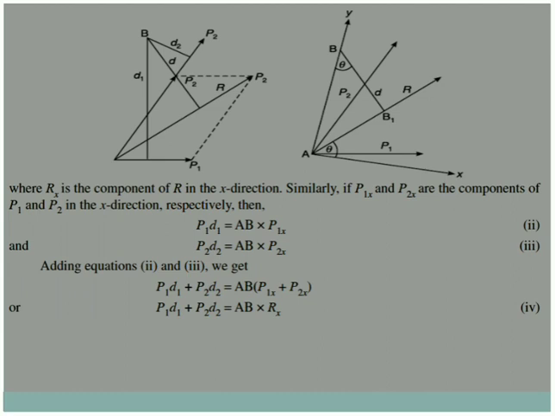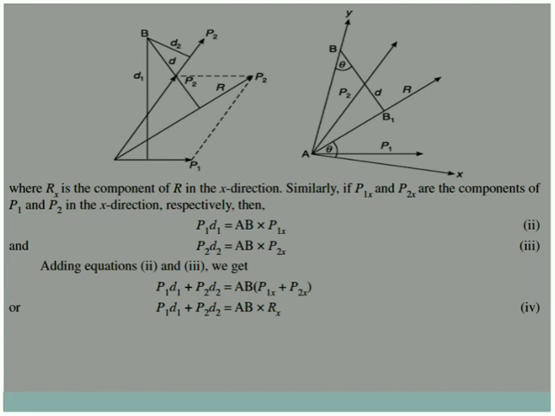Now when Rx is the component of R in the x direction, similarly if we want to find components of the forces P1 and P2 in the x direction with respect to the perpendicular distances D1 and D2, we can develop similar triangles. The first triangle ABB1 was only with respect to the resultant.